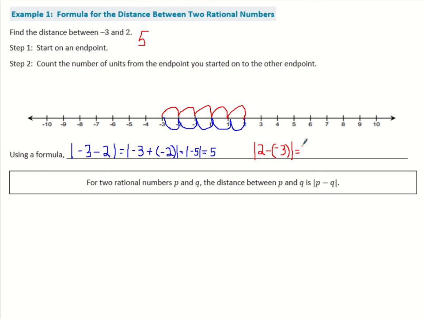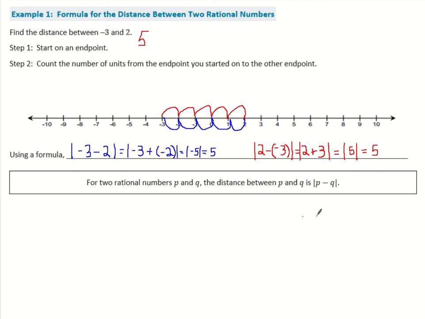Well, once again, I'm going to use my subtraction rule, so I've got the absolute value of 2. Subtraction becomes addition, and then I take the opposite of my second number. The opposite of -3 is +3. So now I have 2 plus 3. So that's going to be equal to 5. And then the absolute value of 5, that's 5.